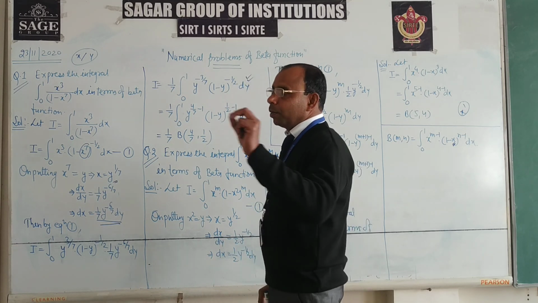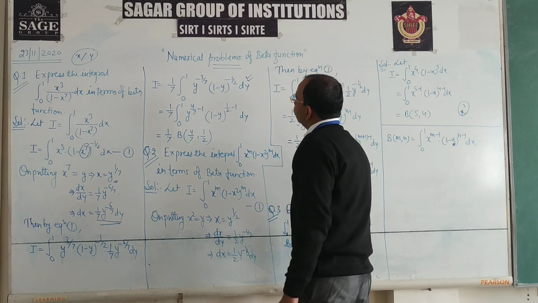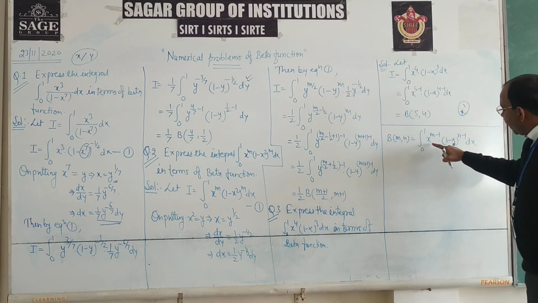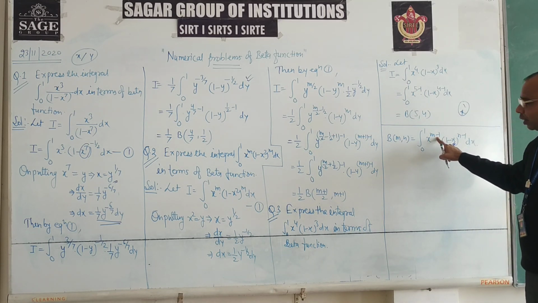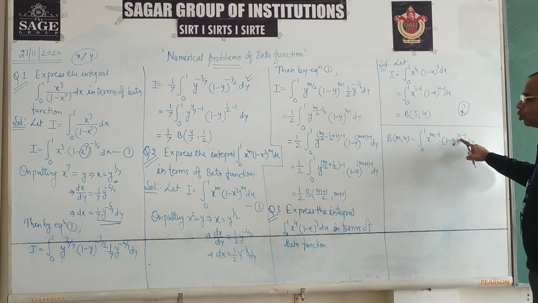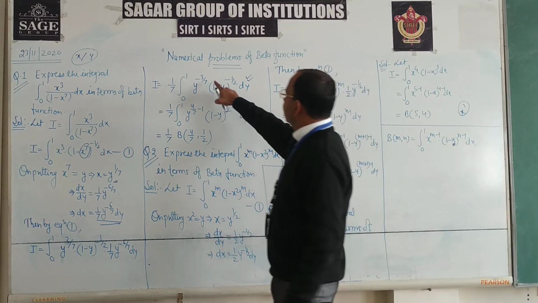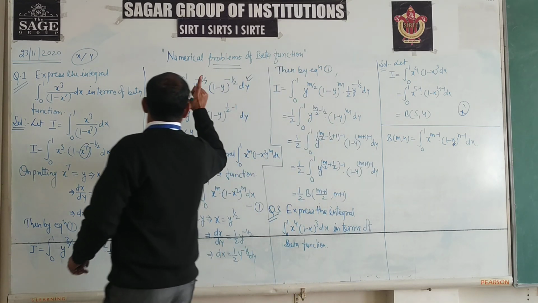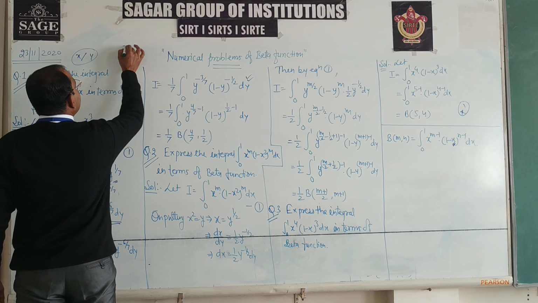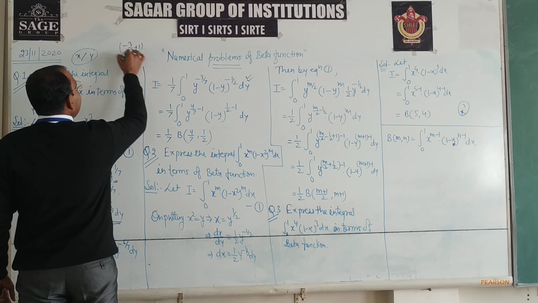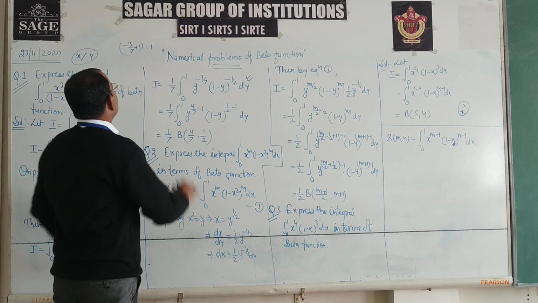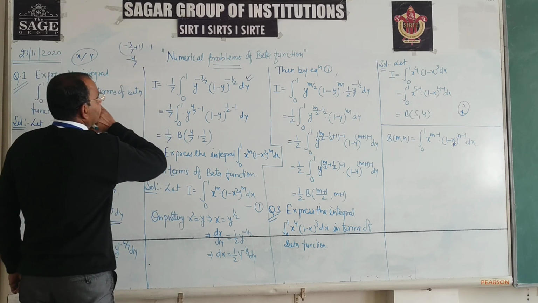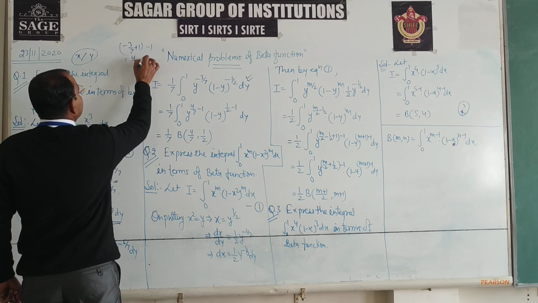This is the exact format of the beta function. But something is changed in this term, because in the beta function we have x to the power m minus 1 and 1 minus x to the power n minus 1, but here we do not have minus 1 and minus 1. Therefore this term will be changed to the minus 1 format. So 3 upon 7, plus 1 and minus 1, gives plus 4 upon 7 minus 1.